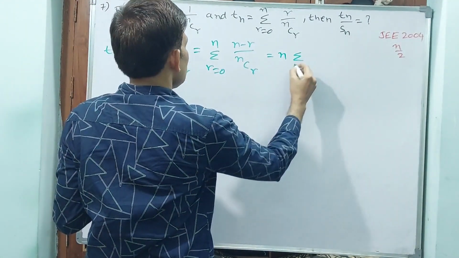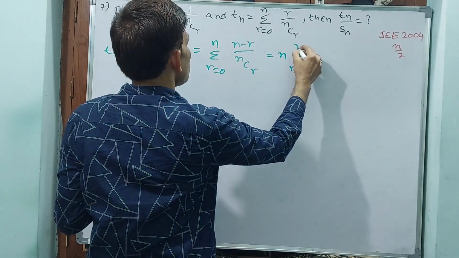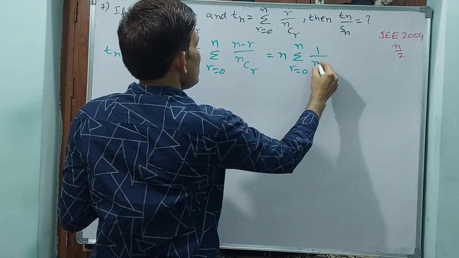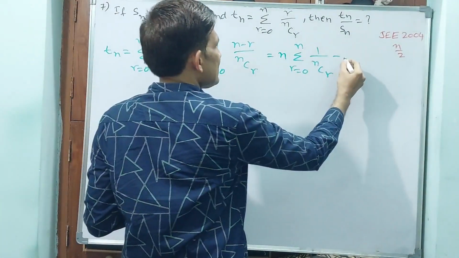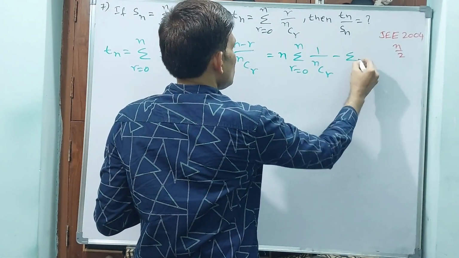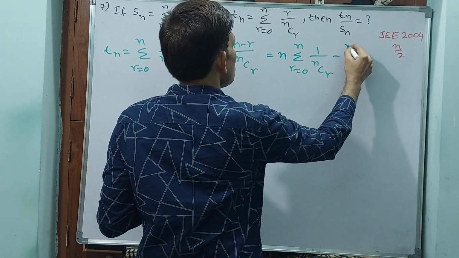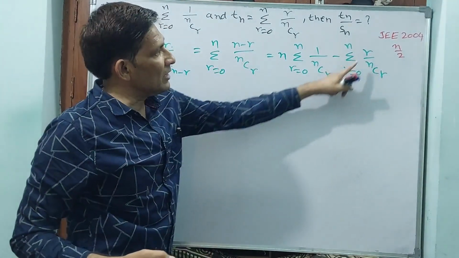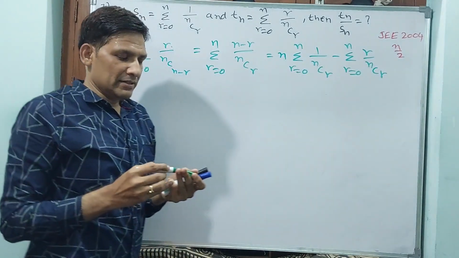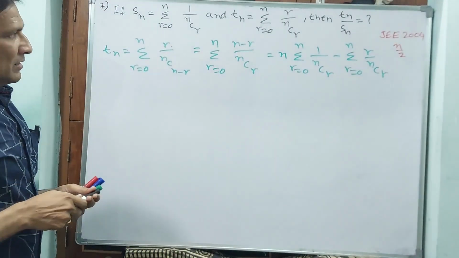n sigma r is equal to 0 to n, 1 by nCr. Why? Because n we have taken common. Minus again sigma r is equal to 0 to n, but r by nCr. Why? Because see, here r is also changing. That is why you cannot take it common. Okay. What is this?